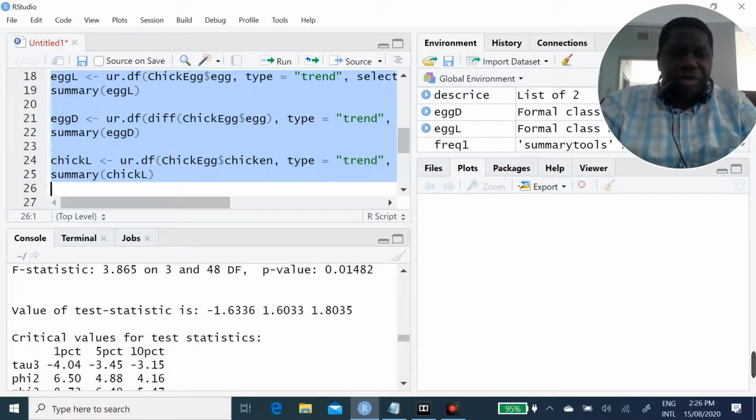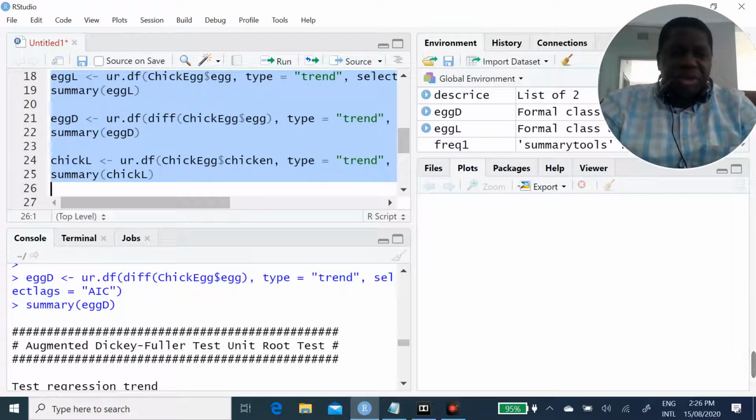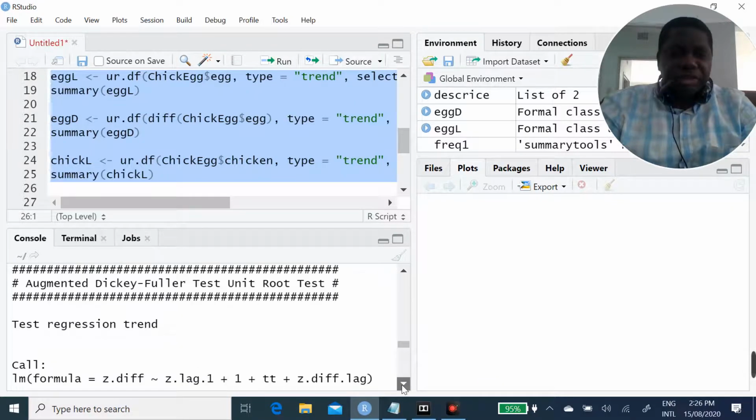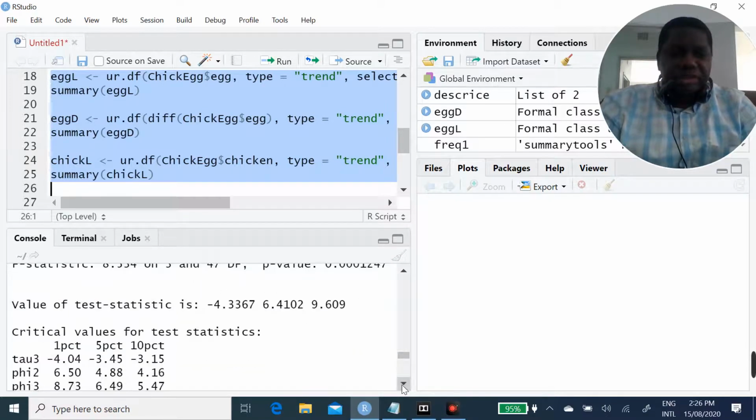And if you look at the critical value, it shows that it is not significant. And therefore we conclude that egg is non-stationary at levels. So we check the case for first difference. For first difference, you can see the value is minus 4.33, and compared with this, now we conclude that after first differencing, it is stationary.